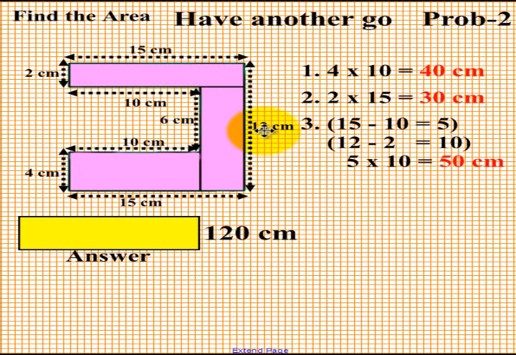And 2 of 12 goes between up here and below, but 2 of the centimeters are occupied with the first shape. So 12 minus 2 equals 10. So 5 times 10 equals 50. And if you add these numbers up, 40, 30, and 50, you'll end up with 120 centimeters.